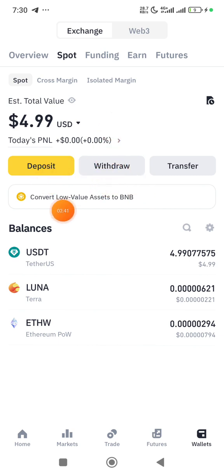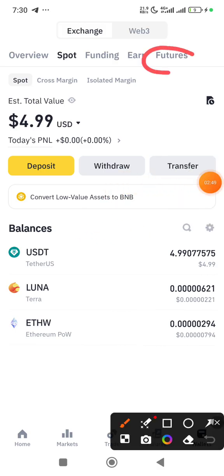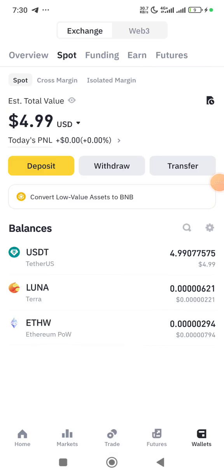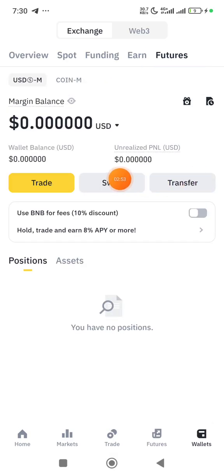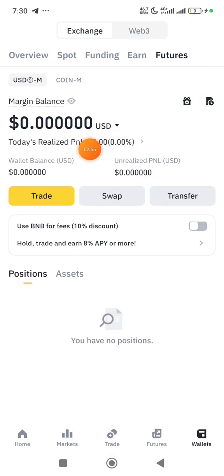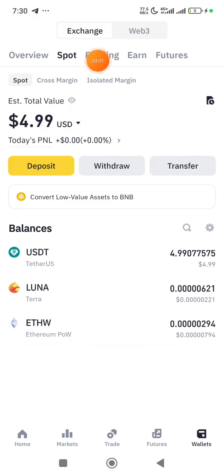Now, I want to move my money to futures, because for you to be able to trade futures, you need to have money in your futures account. Now, if I tap on futures, you can see that my account balance is 0. So I need to move my money to my futures account so that I can trade in futures. So all I need to do is come to spot and I tap on transfer.